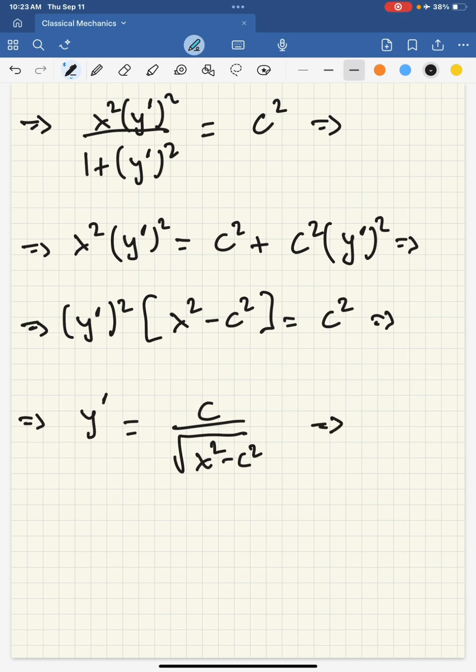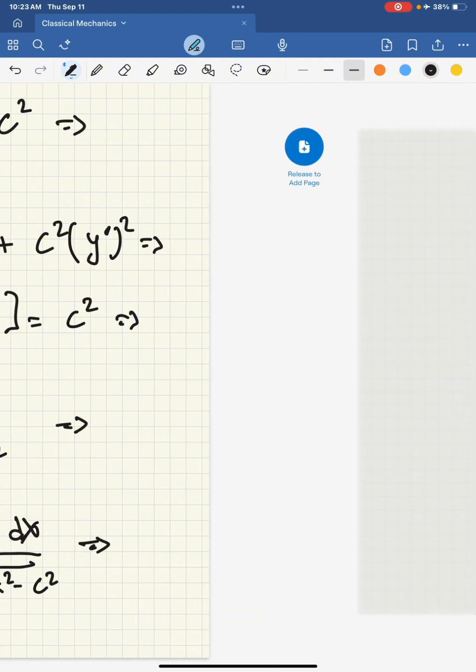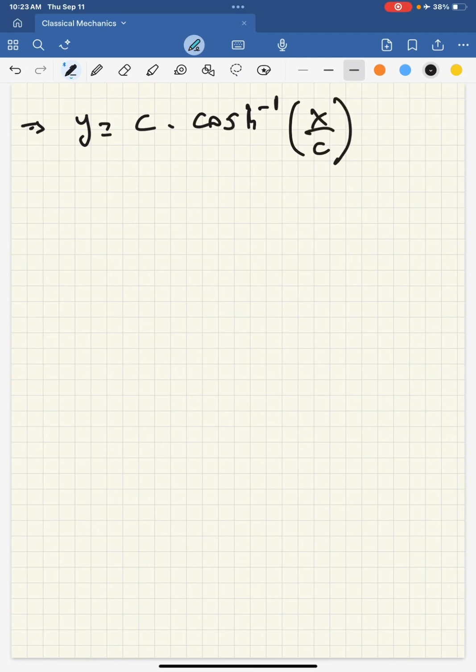And then we can integrate this. Wait, we cannot integrate it yet. We have to write dy and then integrate that is equal to c dx over the square root of x squared minus c squared, and then integrate that. And you can use a table of integrals or anything you like to find that y should be equal to c times cosh to the minus 1, the inverse cosh of x over c, the constant, plus b, which is another constant, okay?